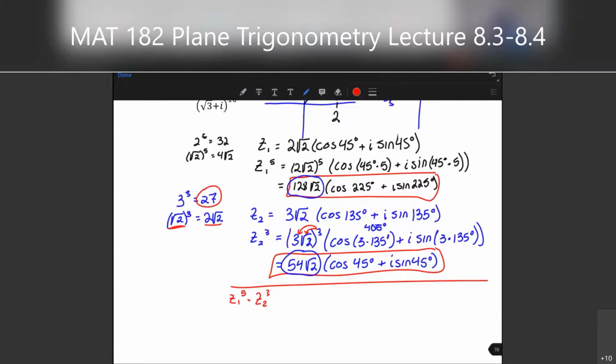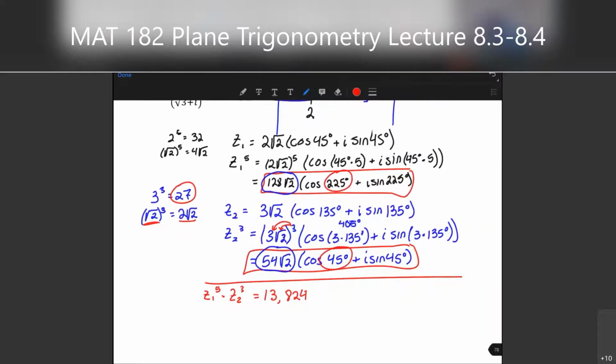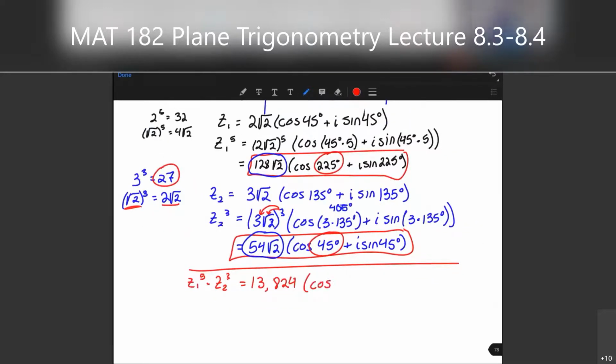Yep, I think that would be correct. I think we should end up getting 13,824. That would look good. And if I looked at the arguments and added them, we got 225 and 45, what would be my new argument on this? 270, excellent. So 270.